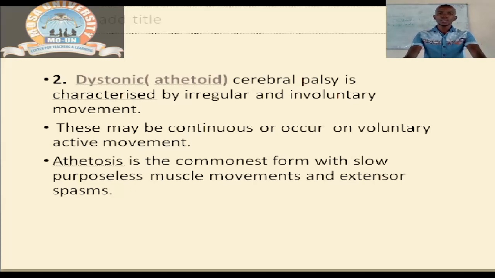The involuntary or irregular movements in this particular type of cerebral palsy may be continuous or involuntary active movement. Okay, athetosis is the commonest form with slow purposeless muscle movements and extensor muscle spasms. That is on dystonic or athetoid cerebral palsy.